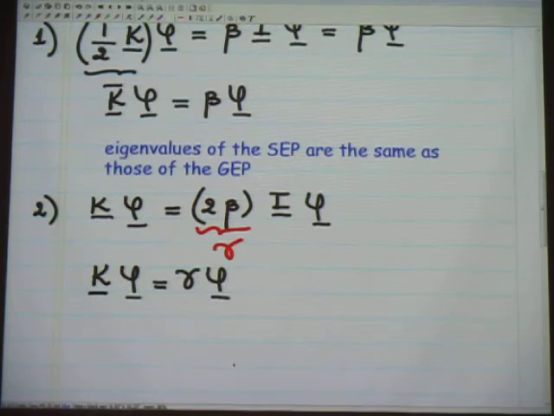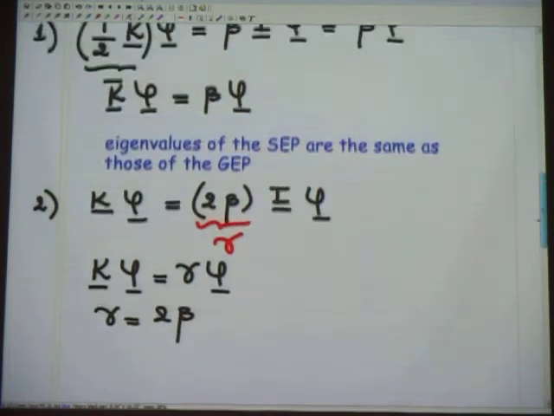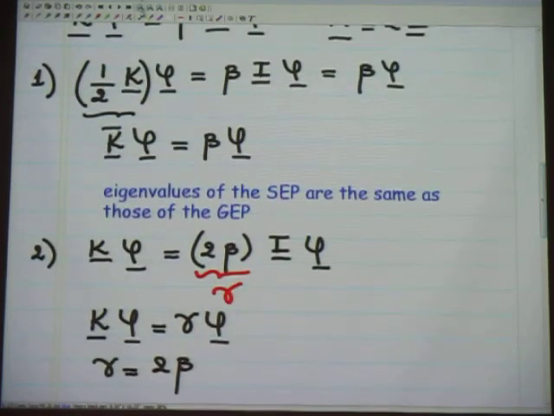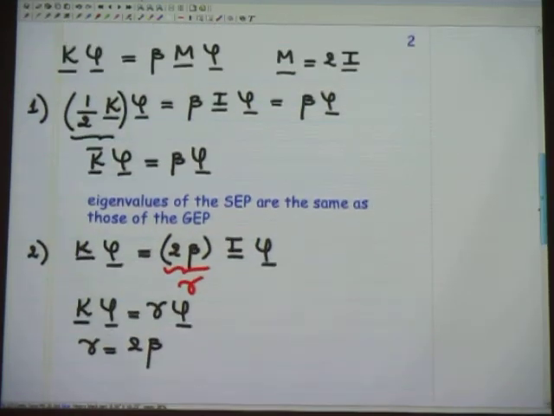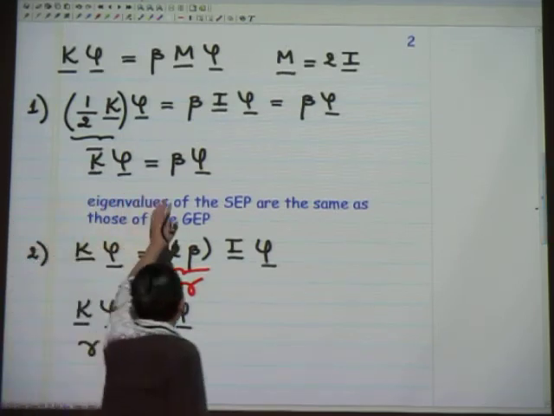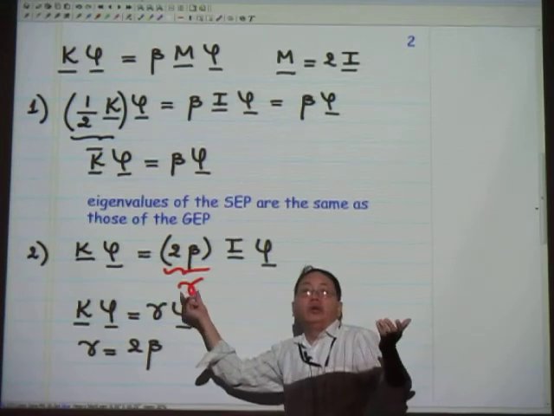Gamma is equal to 2 beta. Let me zoom out so you see both methods. What I'm saying is the following: you define 2 beta as a new unknown called gamma.